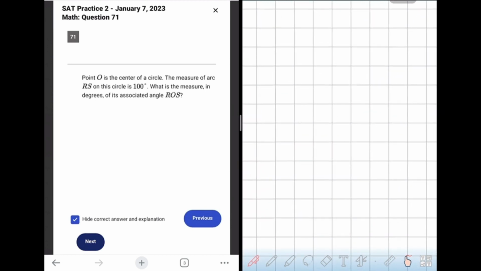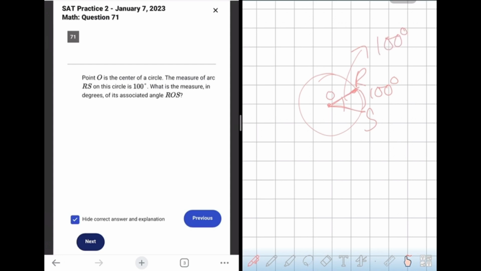We have a circle and the center is O, and we have the angle RS, and the arc of this angle is 100 degrees. So they ask about the degree of the angle ROS, so it must be the same, 100 degrees.